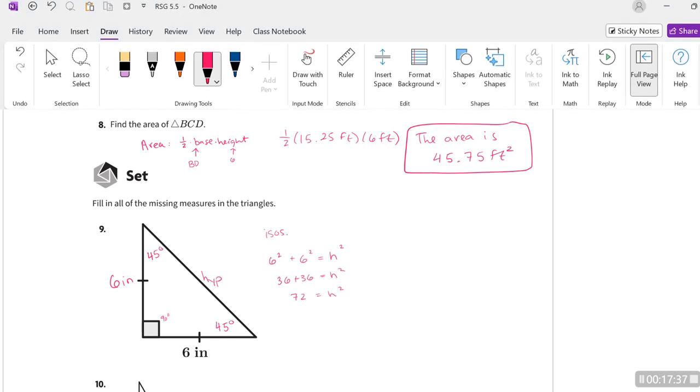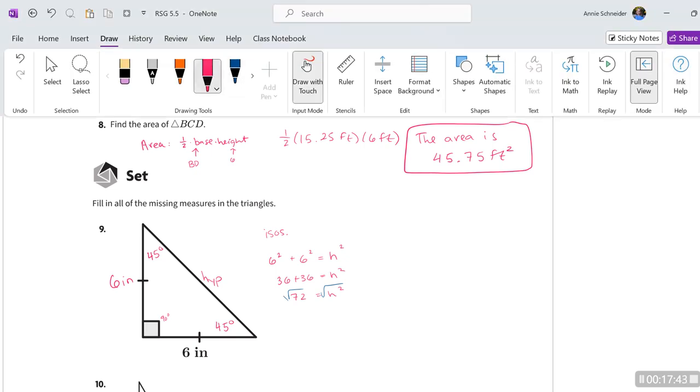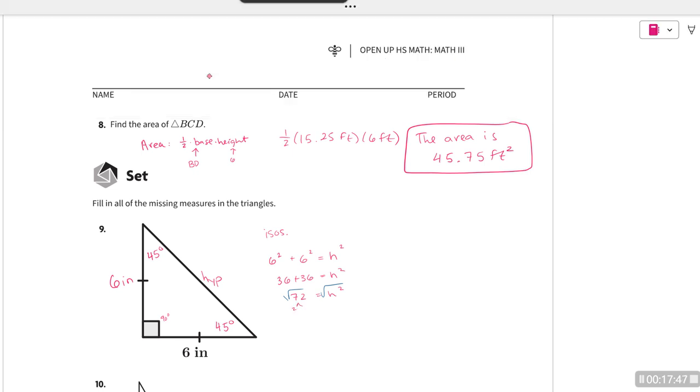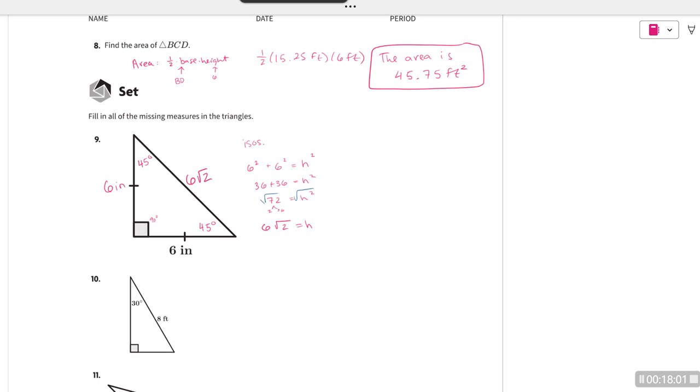So if I take the square root of both sides to get that h alone, I'm not going to do plus or minus since we're dealing with side length, so we want everything positive. Well, this is 2 times 36, so the square root of 36 can come out, and I'm left with 6 root 2 as my last value there. So 6 root 2.